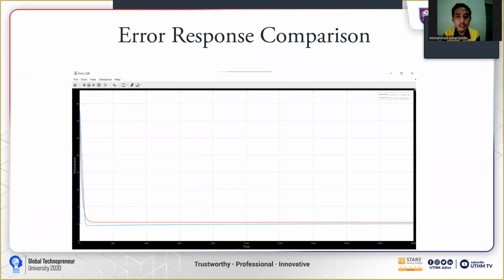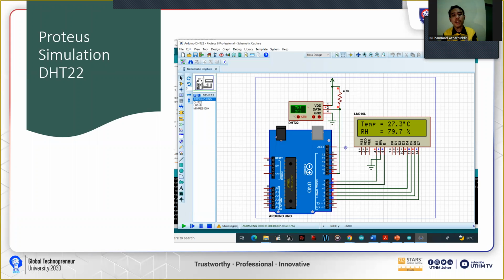Besides the PID and LQR, I also use a project simulation to test my DHT22. As we can see here, this is the code with the Arduino Uno, because the concept of the Arduino Uno and the Arduino Mega is actually the same. I use the Arduino Uno because the pins that I use are not many.